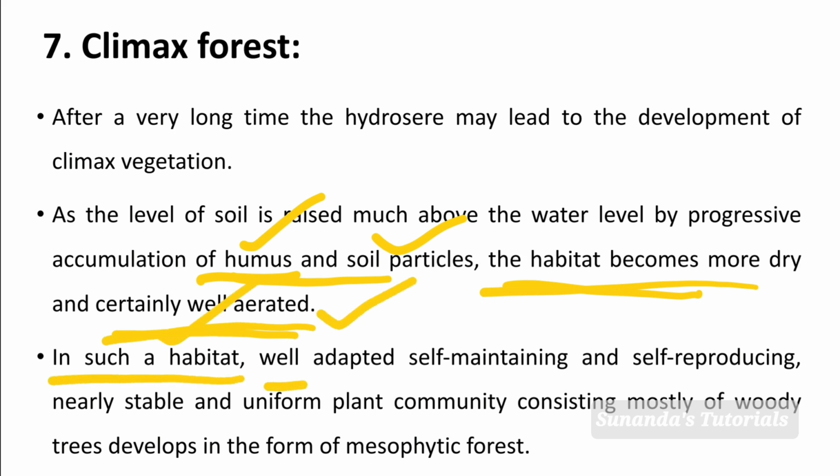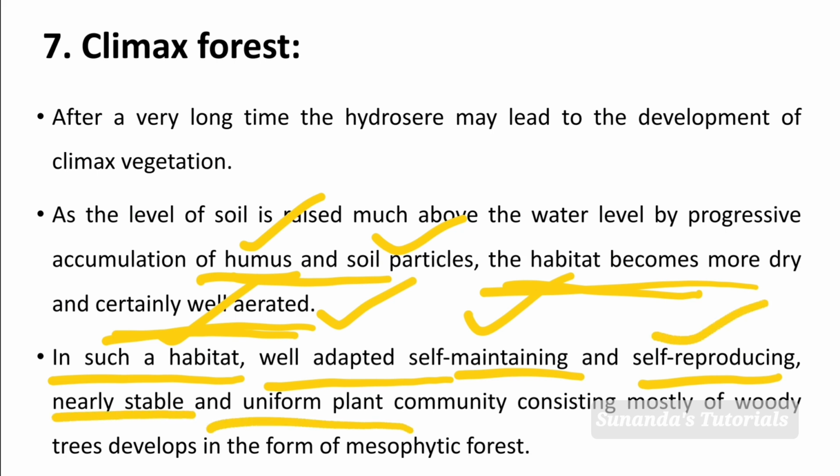In such a habitat, a well adapted, self-maintaining and self-reproducing, nearly stable and uniform plant community consisting mostly of woody trees develops in the form of mesophytic forest. So it is the final and stable community which is the forest.